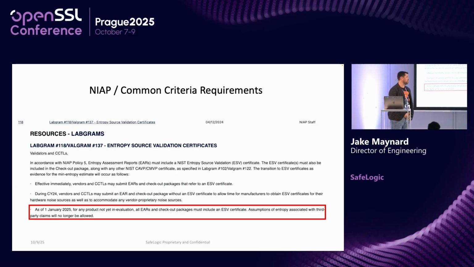So here I'm highlighting in red that products not yet in evaluation as of January 1st, 2025 will require entropy assessment reports that must include ESV certificates. The assumption of entropy associated with third-party claims will no longer be allowed. So that's a pretty big deal for folks out there trying to achieve Common Criteria.